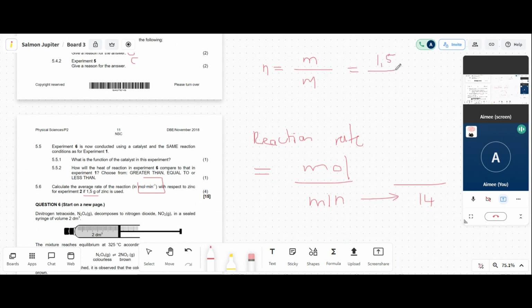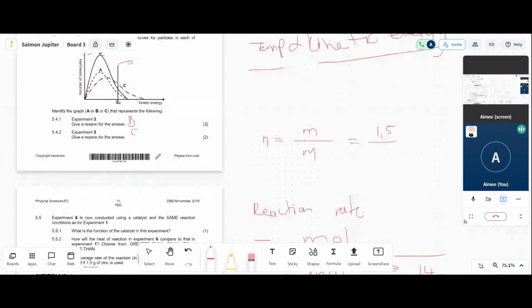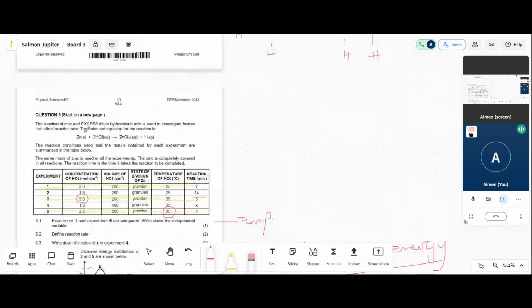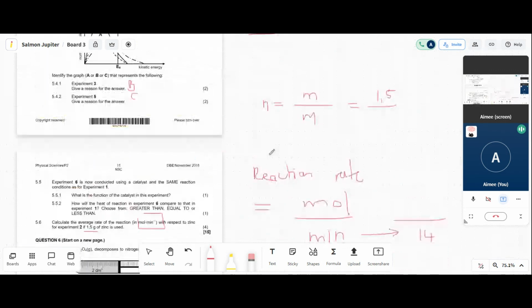Luckily, grams is our SI unit for chemistry, so we don't have to convert it. And for the molar mass, you need to go to your periodic table and look for the approximate relative atomic mass of zinc. You can see from the equation that it's not Zn subscript 2, it's just zinc, so you only have to write it in once.